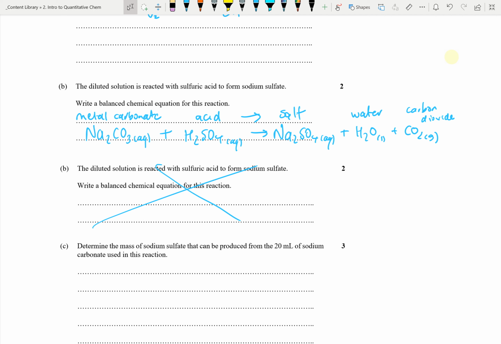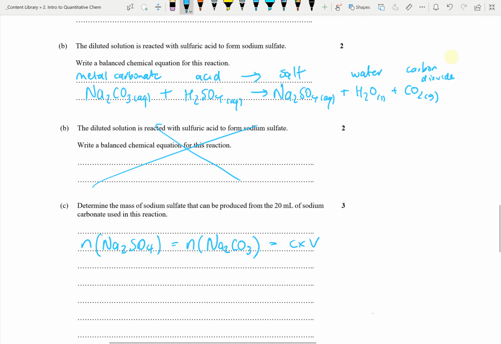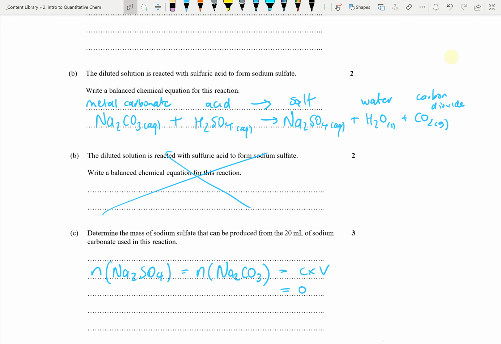It's all a 1-to-1 ratio, so I need to figure out the number of moles of sodium sulfate, and I'm going to get my information from sodium carbonate. So moles of sodium sulfate, I'm going to get from moles of sodium carbonate. My moles of sodium carbonate I'm going to get from C times V. The question says used in this reaction, and the diluted solution was reacted.